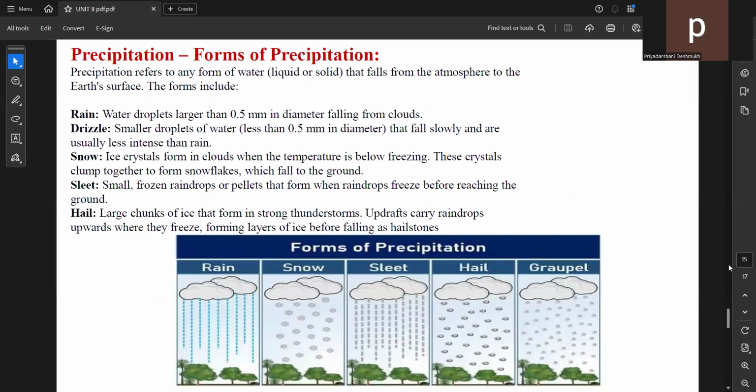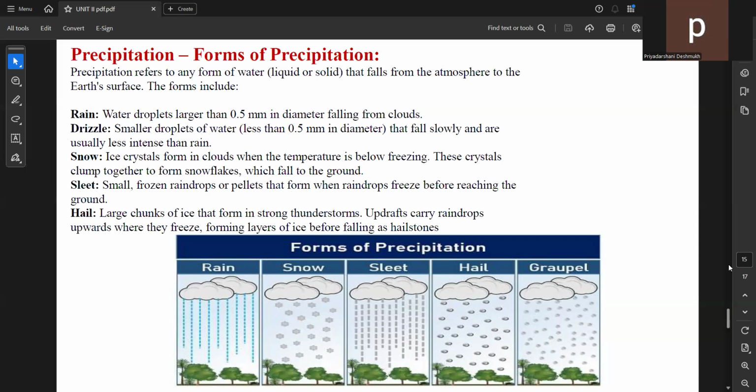Now, precipitation, as I have told you, has various forms. What is precipitation? It refers to the forms of water, solid or liquid, that fall from the atmosphere to the earth's surface. The forms mainly include rain, drizzle, snow, sleet, and hail.